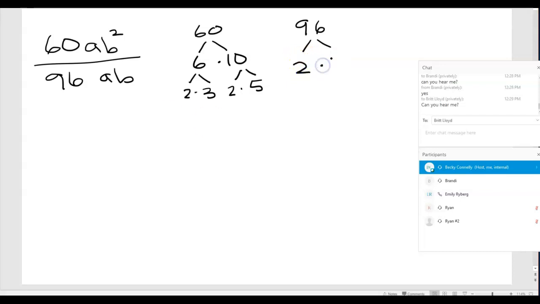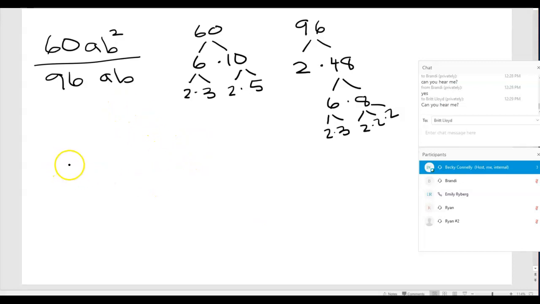Do you know 2 times what? Right, and then that can still break down more. So 6 times 8, 2 times 3, and then 8 always goes down to 2 times 2 times 2. You can take it in 2 steps if you want, the 2 times 4, and then 2 times 2.